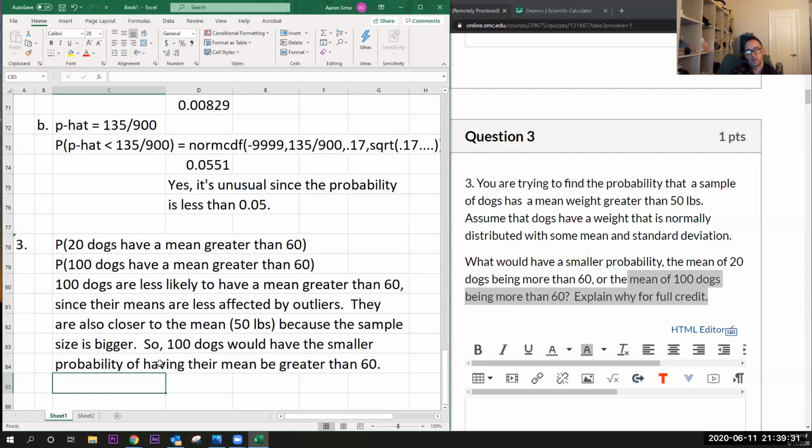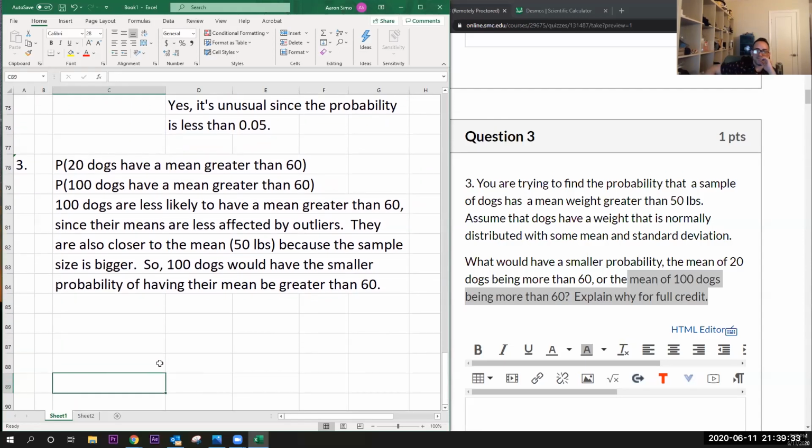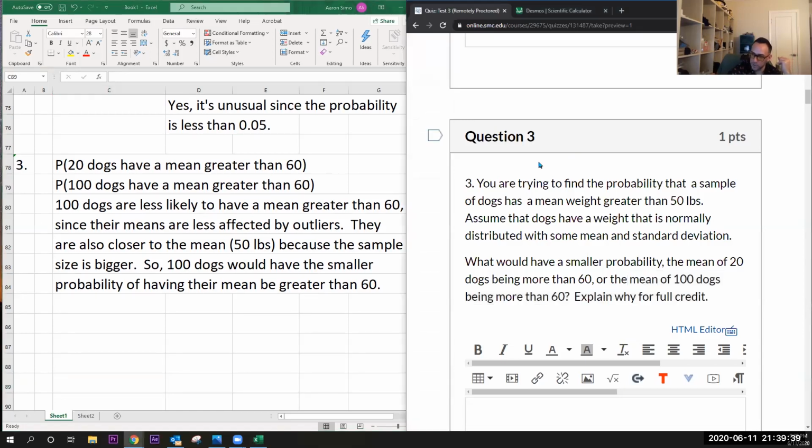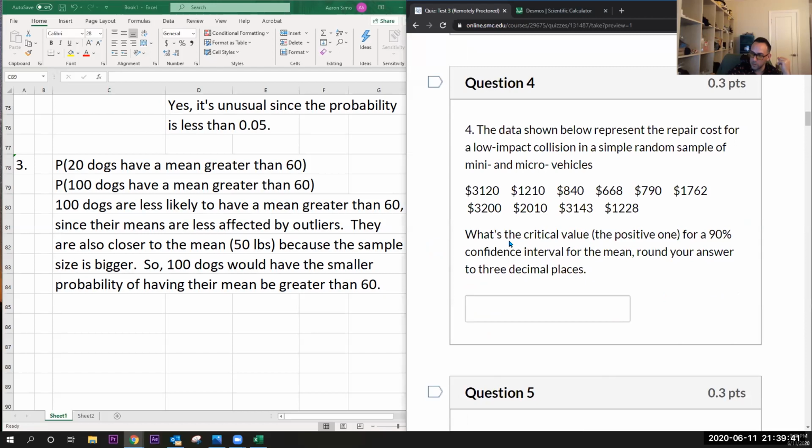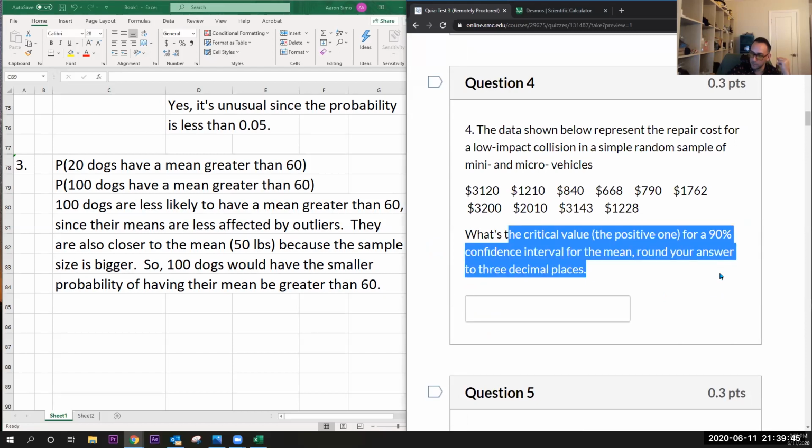Right? All right, so good. Kind of a conceptual question. Number four. Find the critical value for a 90% confidence interval. What would you do for that?